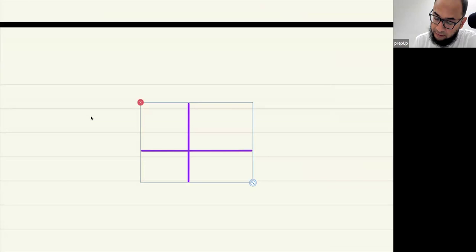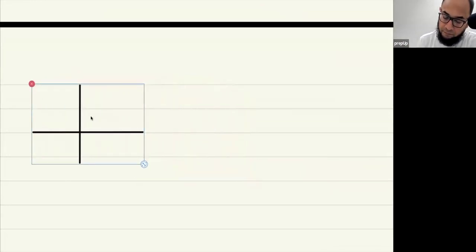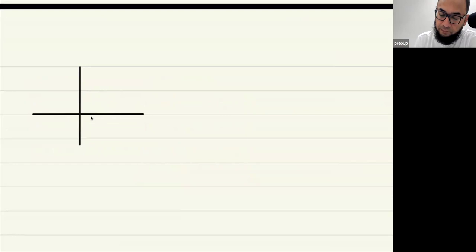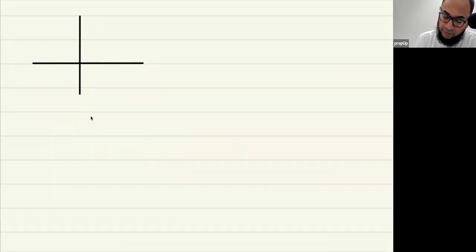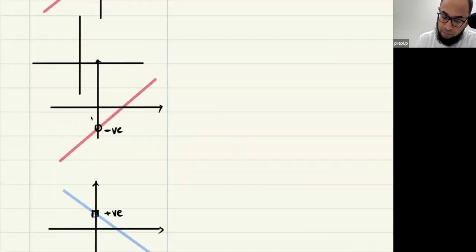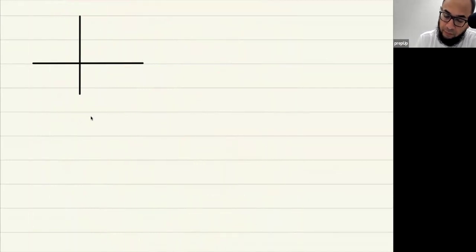So let me just change the color. Let me make it black and let me add an element. So the new collection, the grid thing. Okay. So now over here, let me just paste some more.